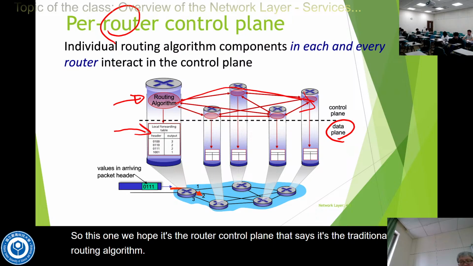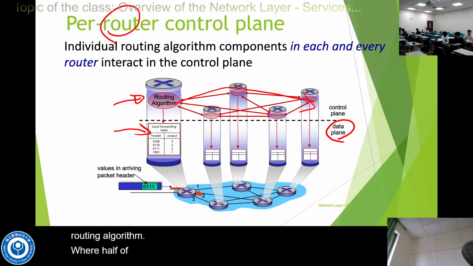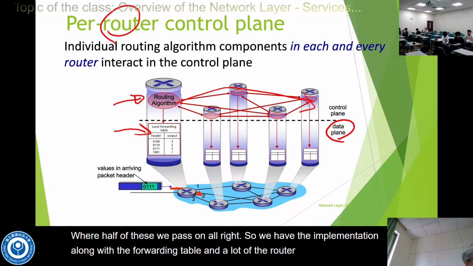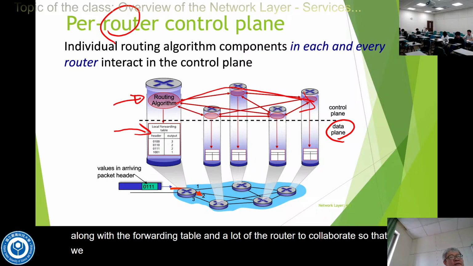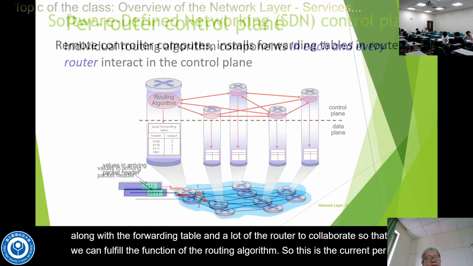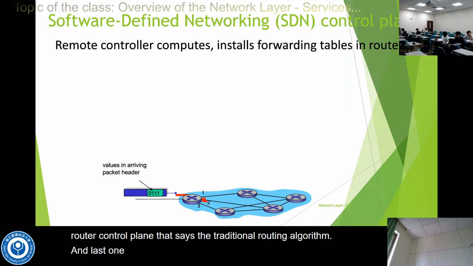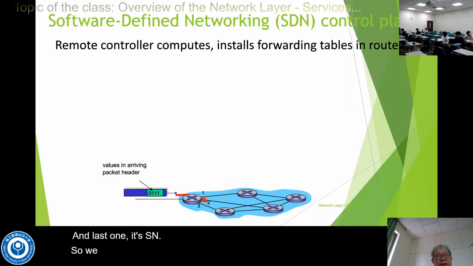We have the implementation along with the forwarding table and allow the routers to collaborate so that we can fulfill the function of the routing algorithm. So this is the current per-router control plane, that says the traditional routing algorithm. And the next one is SDN. So we have the SDN control plane.